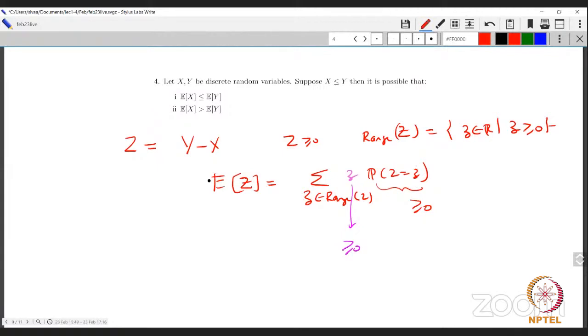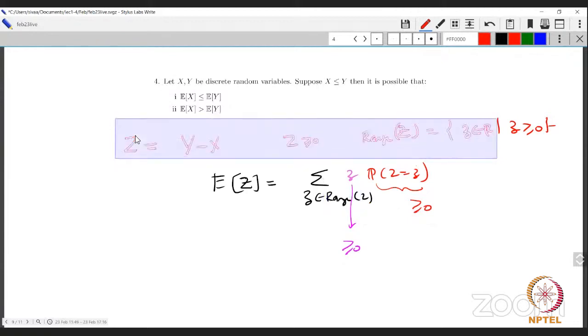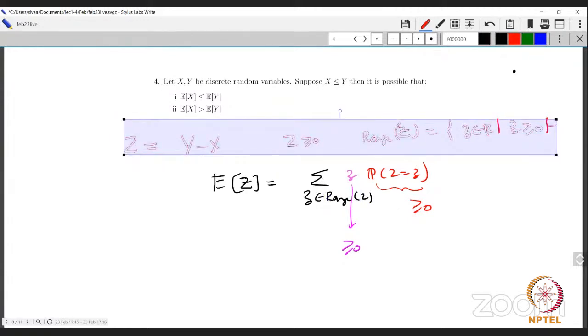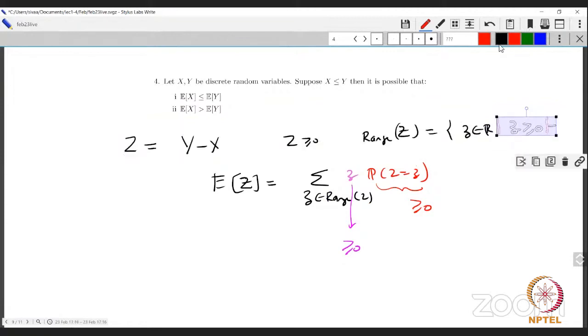So the entire sum has to be non-negative. Is that clear to you? Very good. So E of Z is non-negative.